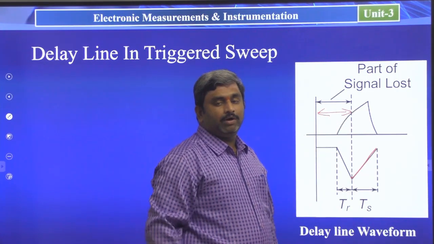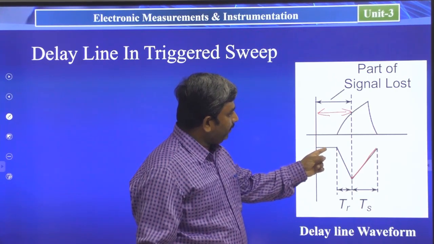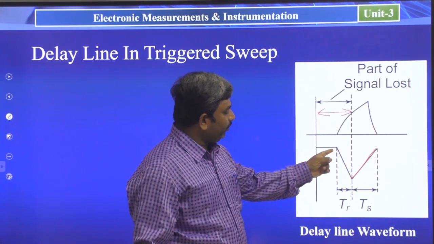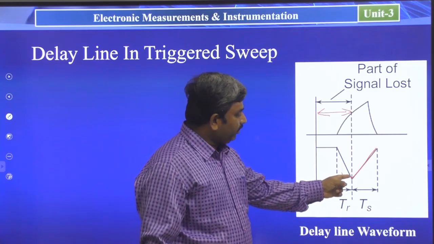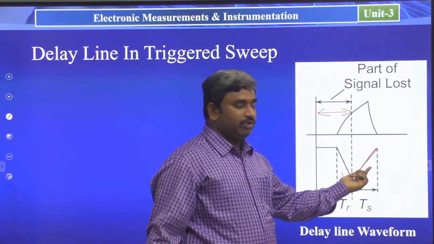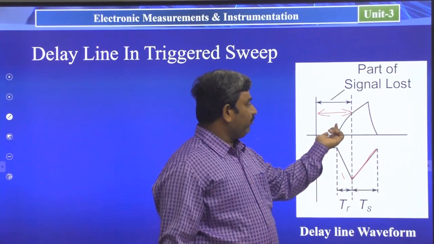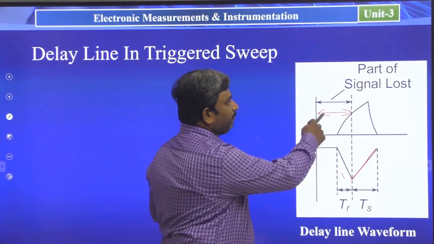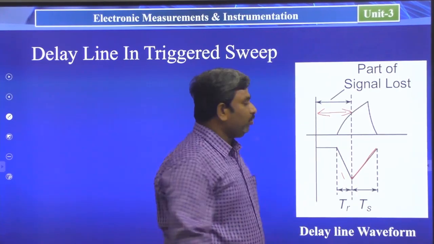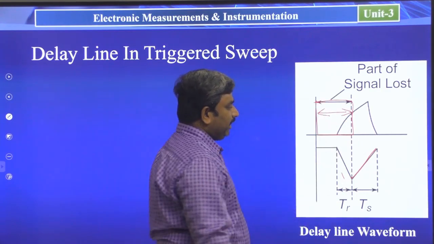Whenever the hold period is there, after the hold period we have the discharge curve. After the discharge curve we have the charging curve. Whenever this charging curve is there, only then the signal is displayed. But before that, the signal has started and some portion of the information we are going to lose. So this much portion is signal loss.